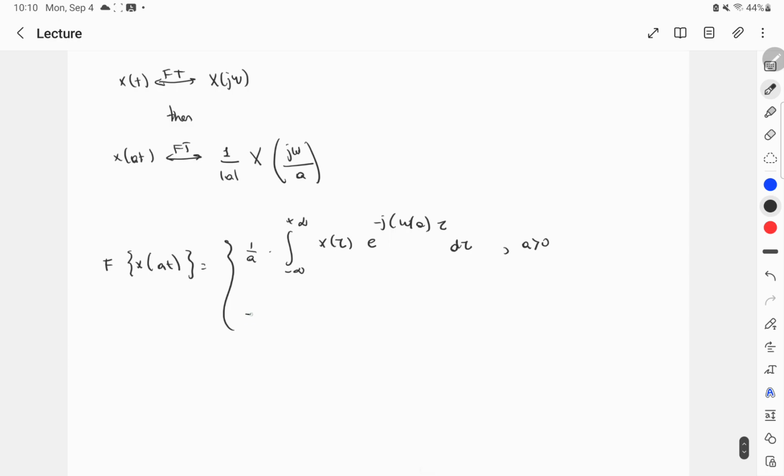However, minus 1 over a times the same expression is true if a is smaller than 0. So we should pay attention to the absolute value.